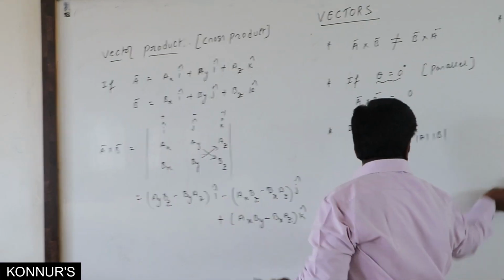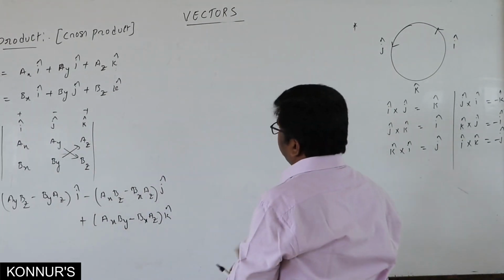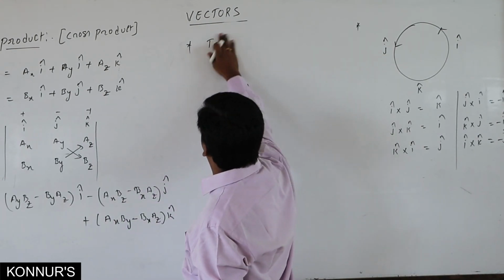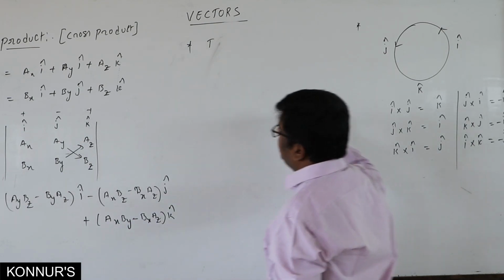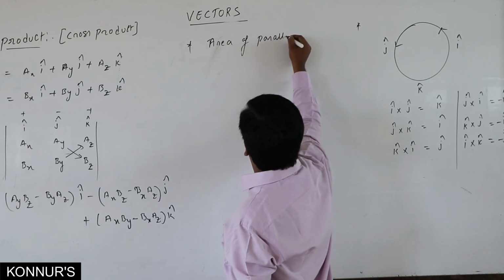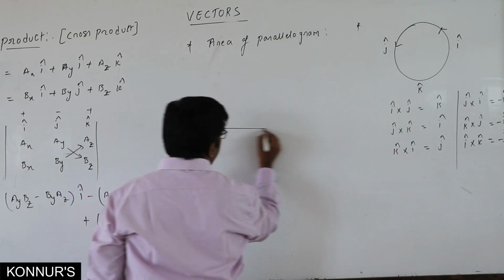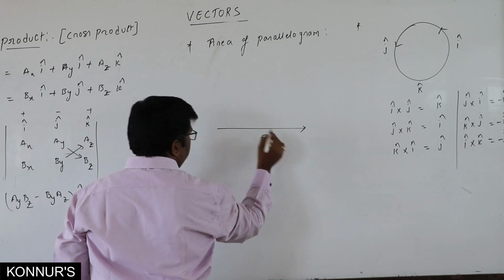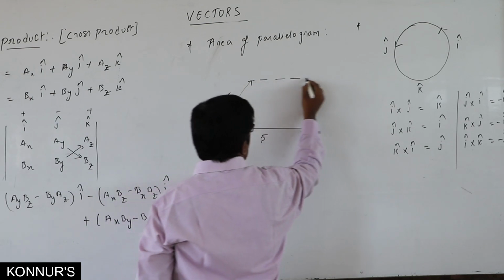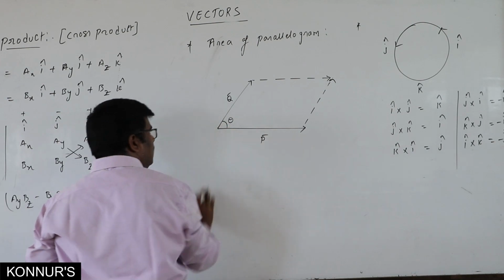Next, you can use this cross product formula to find the area of a parallelogram. Let this be the P bar and this the Q bar vector, and if you construct the parallelogram, the angle between the vectors is theta.